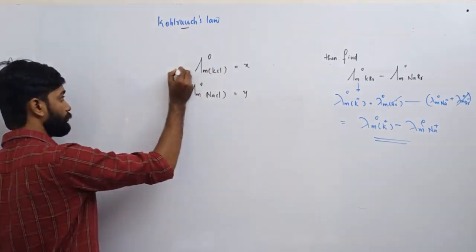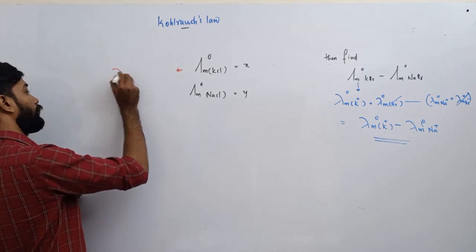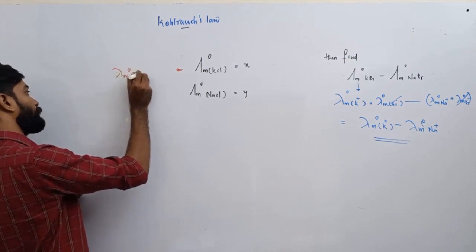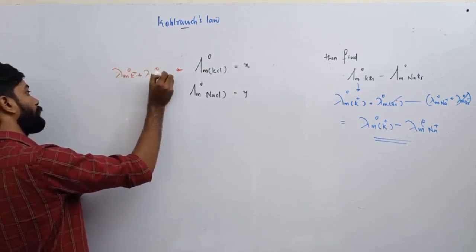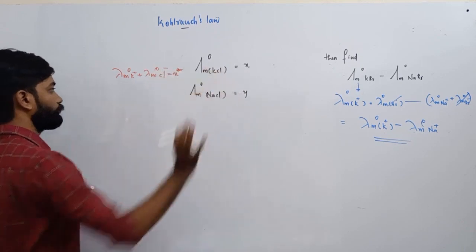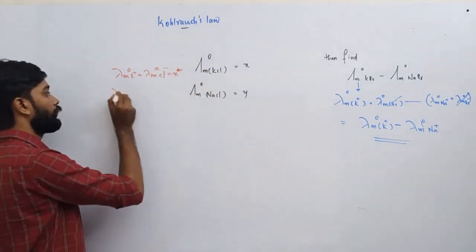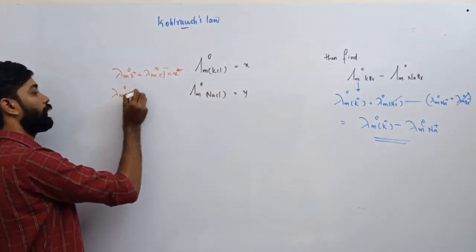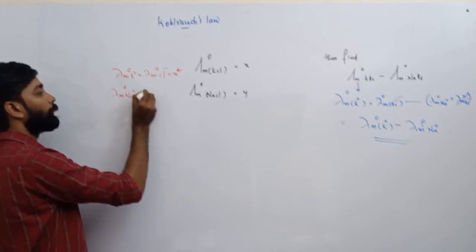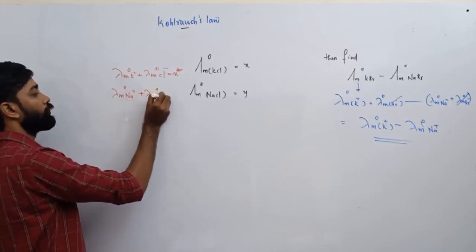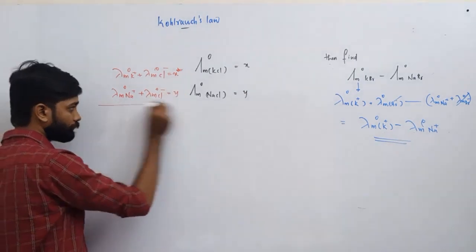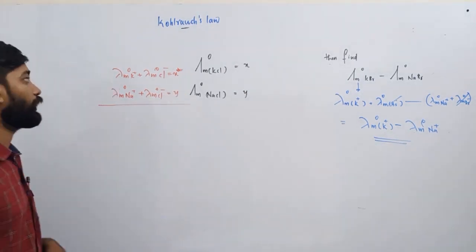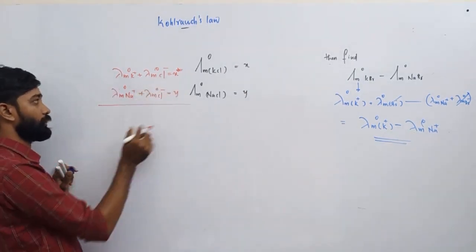Okay, very easy. What is it? Lambda m0 K+ plus lambda m0 Cl- is x. What about this one? Lambda m0 Na+ plus lambda m0 Cl- is y. Then if you subtract 2 from 1, this one will cancel.